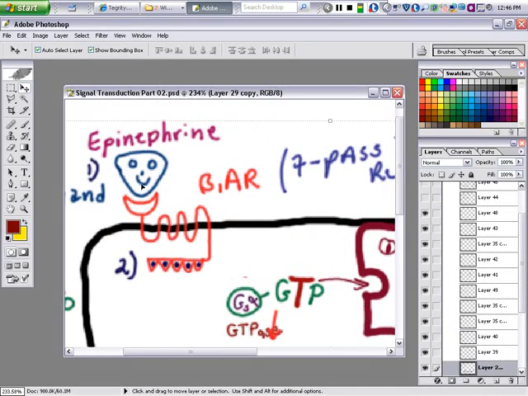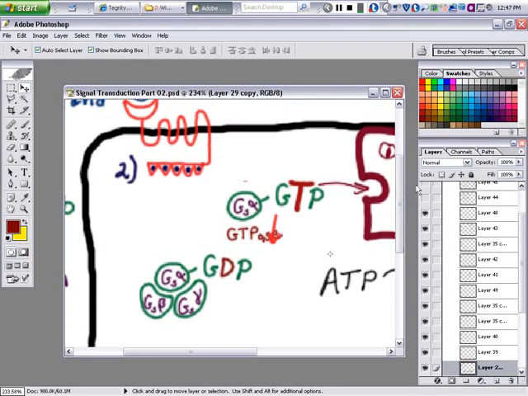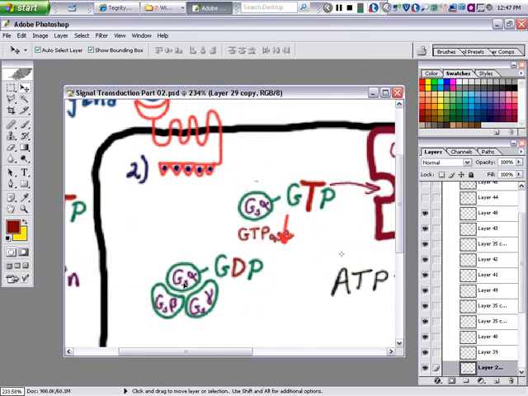And here is our epinephrine. So now when epinephrine binds again, the beta-1 adrenergic receptor is going to be activated. Now all three of these are going to go to the membrane. Well, let's just do it all over again. But these three are together, so I'm going to have to link these together.